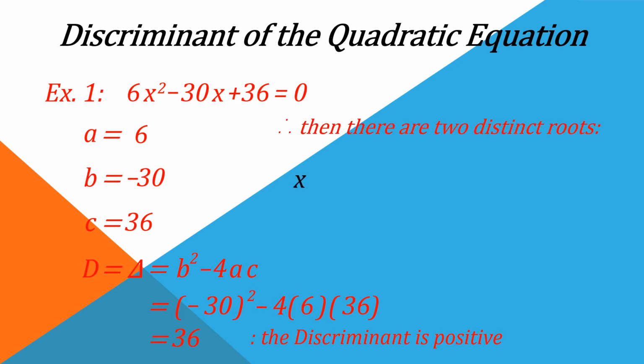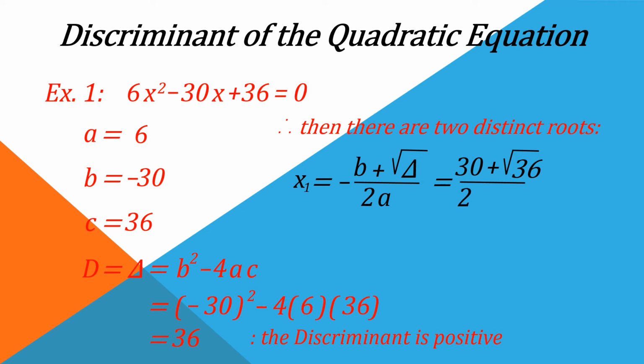Solving for x sub 1, it is equal to negative b plus square root of delta over 2a. Substitute the values of b, delta, and a. It is equal to 30 plus square root of 36 over 2 multiplied by 6, or simply equal to positive 3.